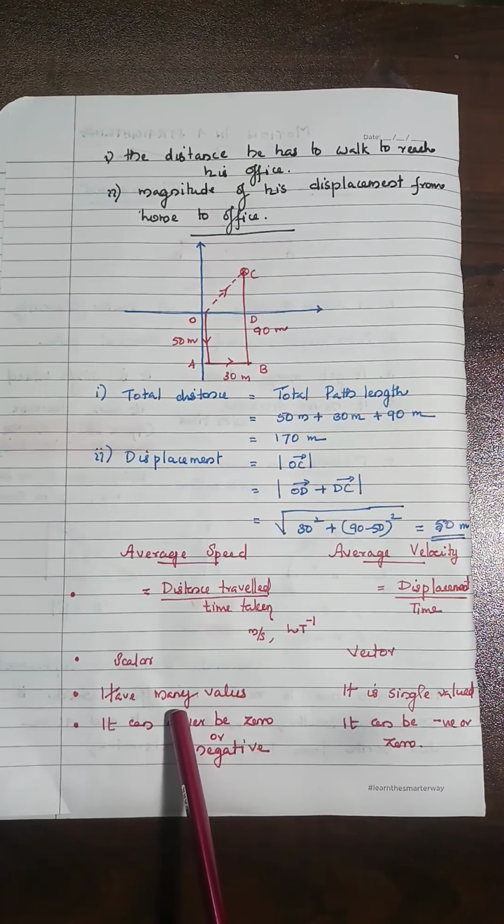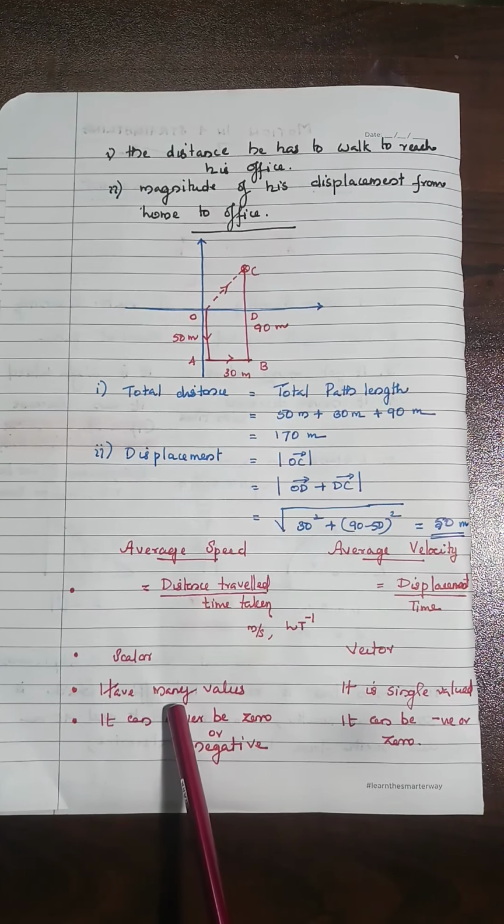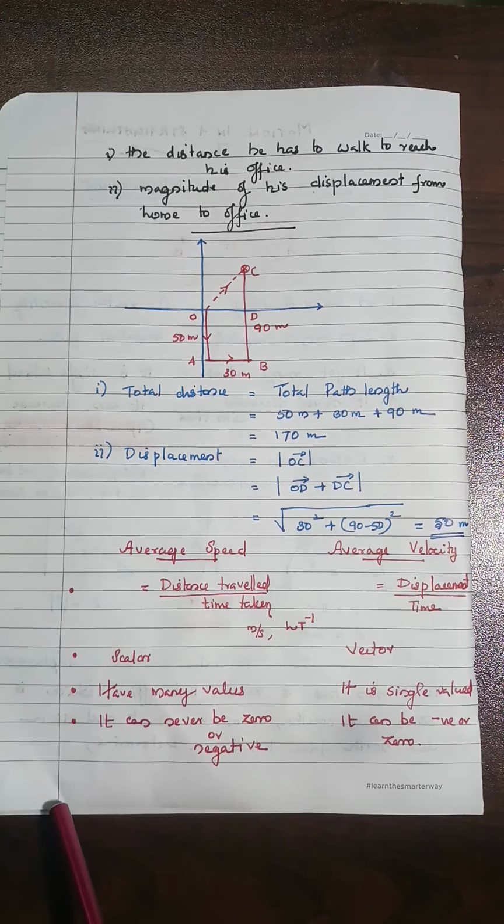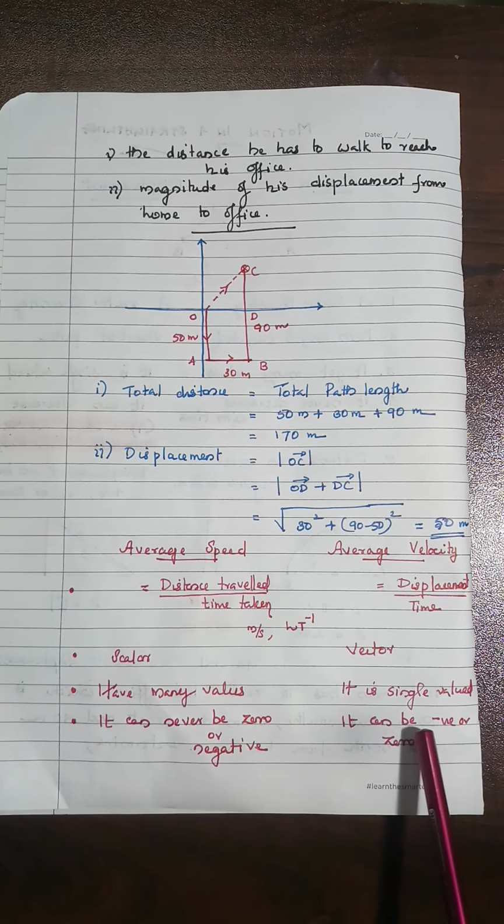The distance has many values. Like that, the average speed has many values, and it can never be 0 or negative. But the velocity is single valued, and it can be negative or 0.